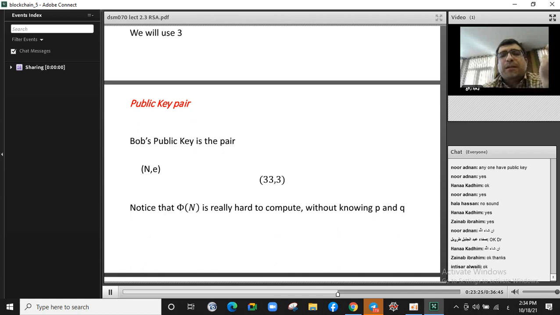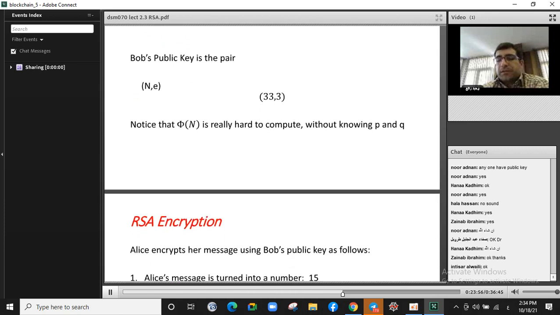Now we have a public key. The pair N, E is Bob's public key. So Alice can use this public key to encrypt a message and send it to Bob. And also, please note that totient of N without having P and Q is very hard to compute.